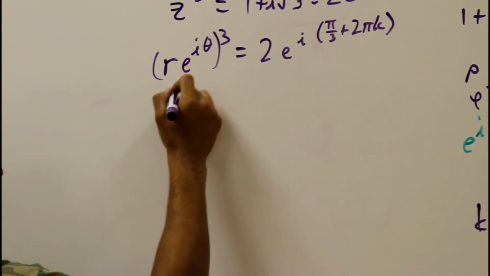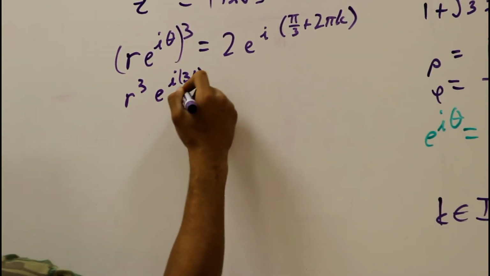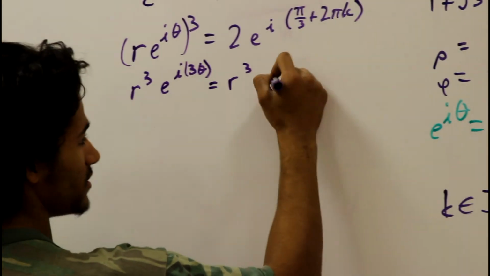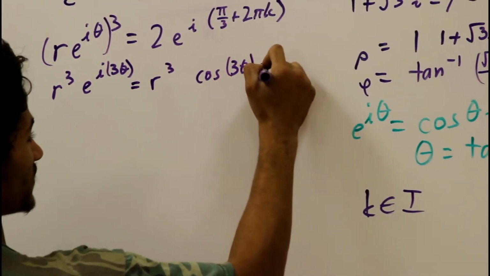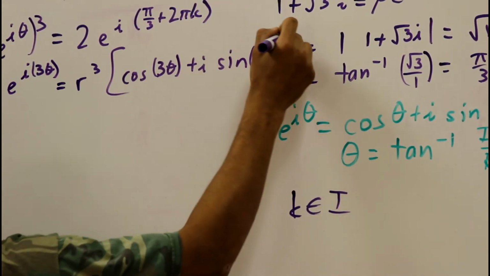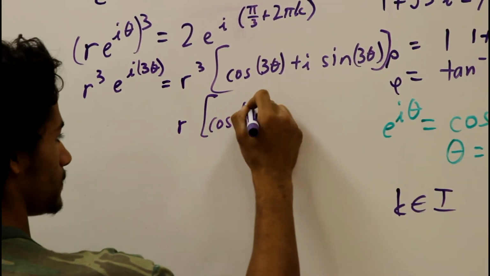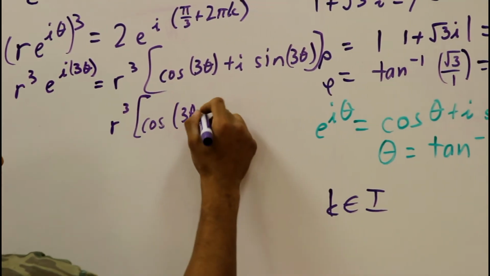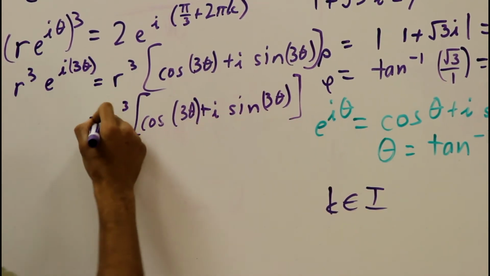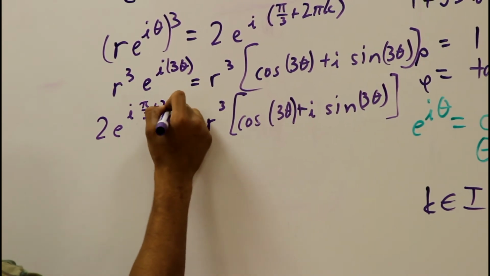This left-hand side simplifies to r cubed e to the i 3 theta. And this is equivalent to r cubed times cosine 3 theta plus i sine 3 theta. This side is 2 e to the i pi thirds plus 2 pi k.